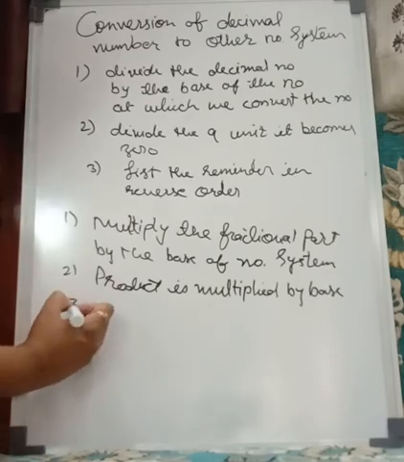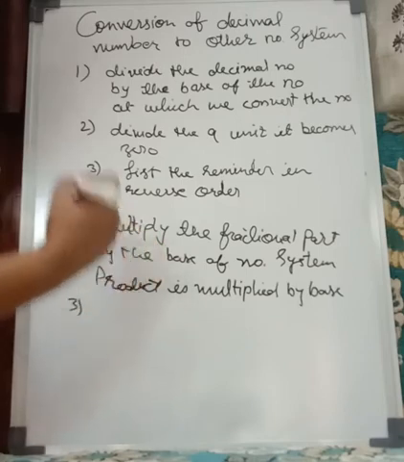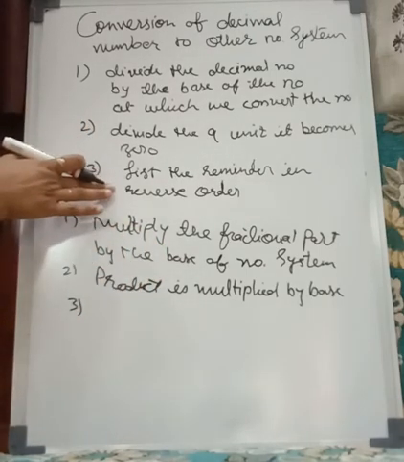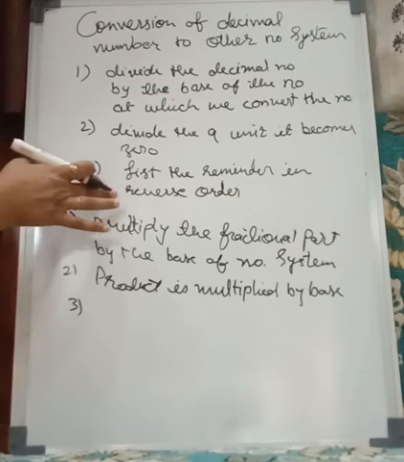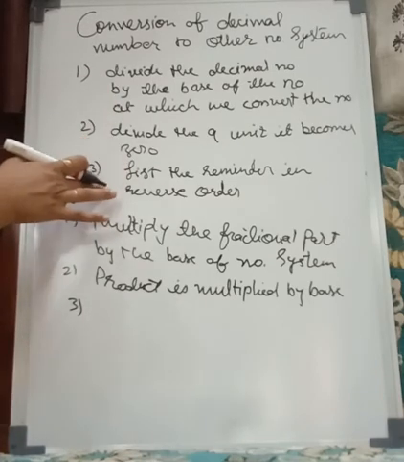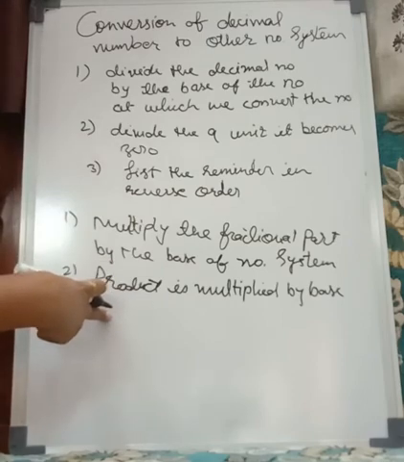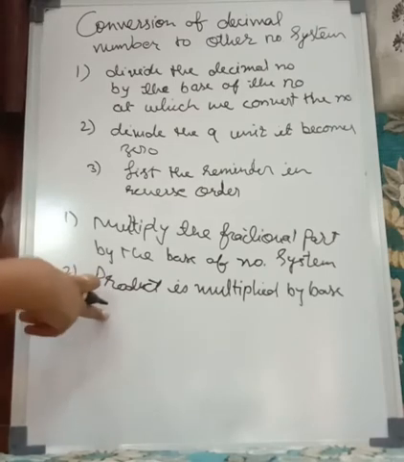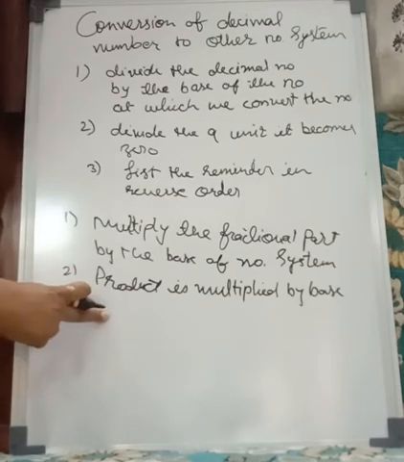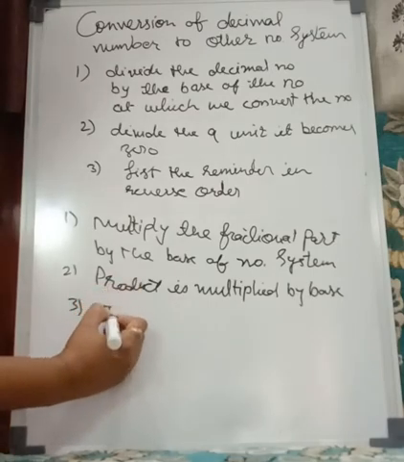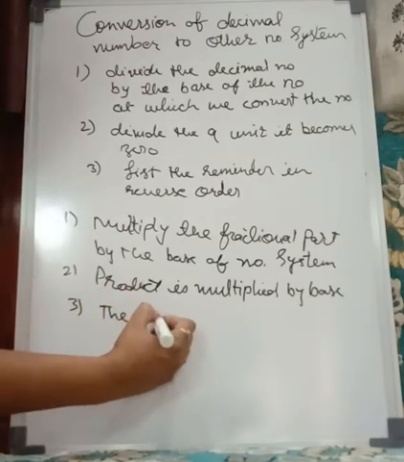In the integer part, we list the remainders in reverse order. But here, where carries are generated, the first carry will be the MSB.